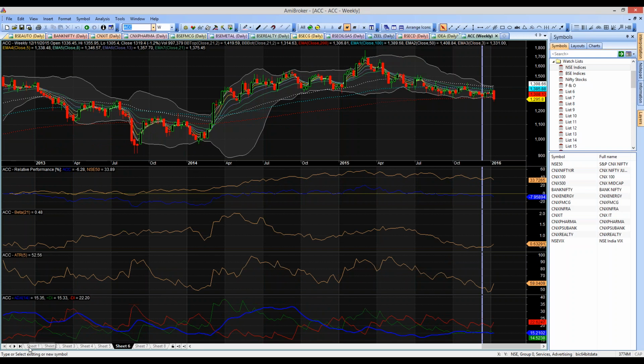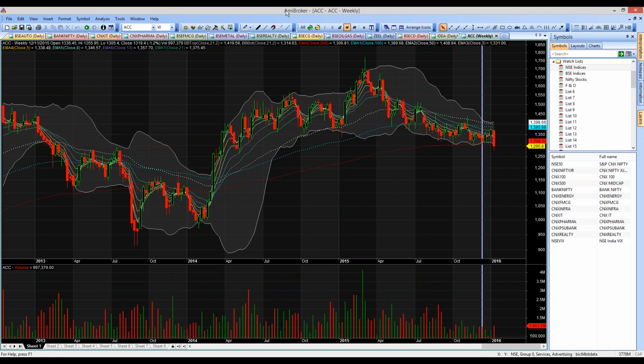Let me run through this. You've already received this. If you use this template to open any chart in AmiBroker, it should look exactly like this. In case something is not working at your end the way it's explained here, please do let me know. These things will be improved and added upon as we go forward.